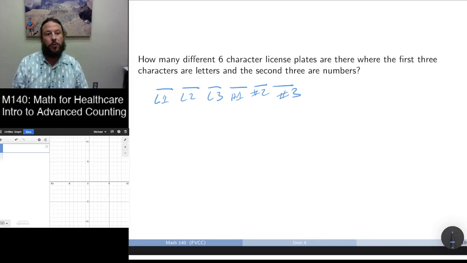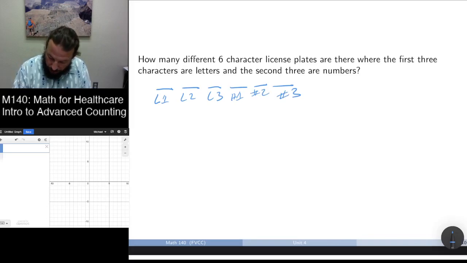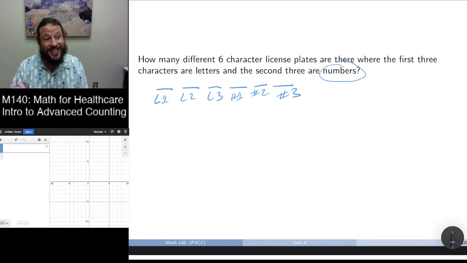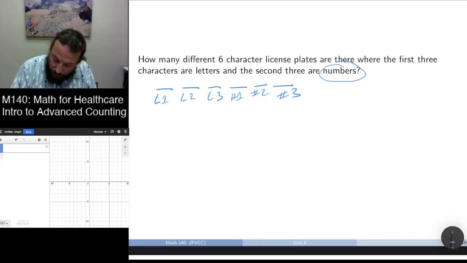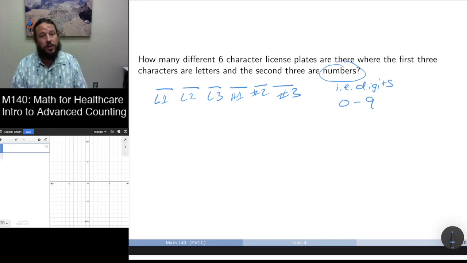Now, note that when we say numbers, they're talking about single-digit numbers. So the numbers possible are 0 to 9. Those are the digits, so there's 10 of them. Now, can you check that? Remember, counting on your fingers is okay.